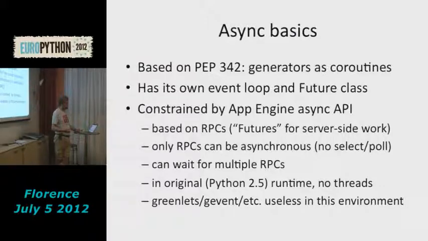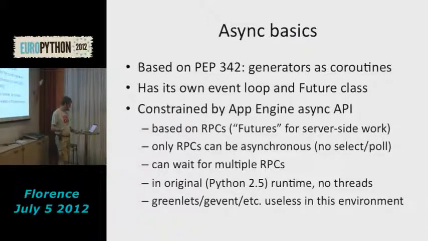For example, you could make another RPC for the data store, also asynchronously, that says, oh, here's another key, give me that one too. And now you have 2 RPCs, and you can wait for those in any order. There's also a way to wait for whichever one is done first, and they may not complete in the same order that you made them. It's possible that one key you request is already cached in the back end, and the other key has to actually come from disk, so that one will take longer.